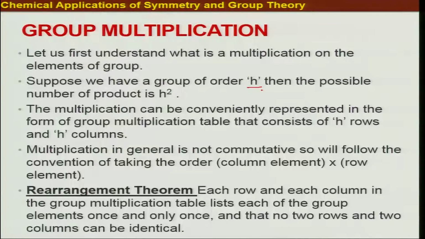Then how many such binary products can we expect for a group? The obvious answer is h square, as given here, because h number of symmetry operations will combine with another h number of operations including itself, and then it will give h square number of total products.